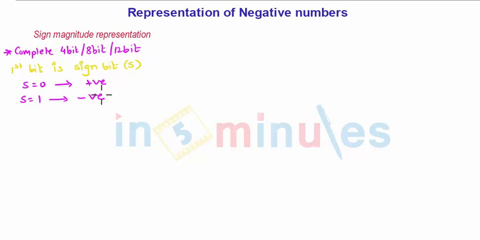Let us try one example, 25 decimal. How will I write 25 decimal in binary representation? 11001, that is the straight binary code for 25, but it has only 5 bits and I need a number of complete 4 bits, 8 bits, 12 bits, 16 bits or a multiple of 4 bits.